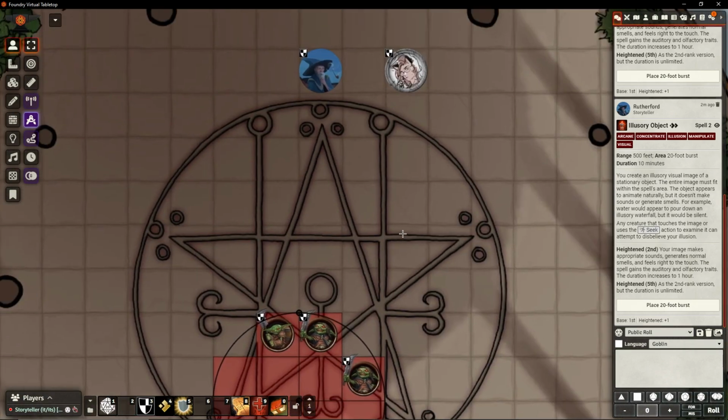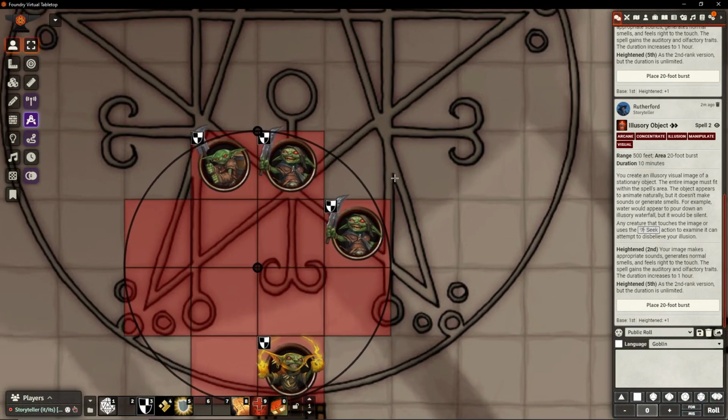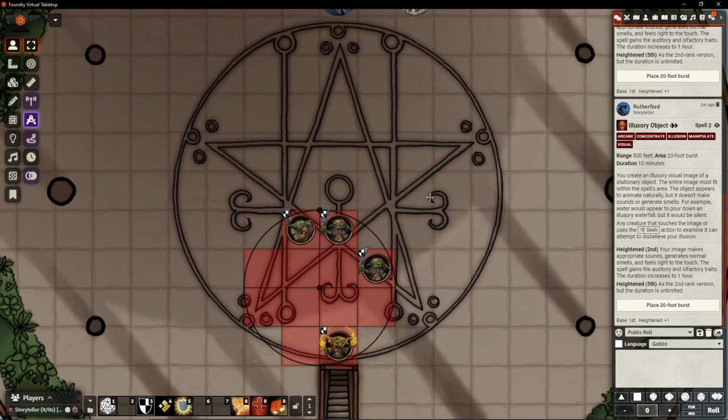However, because they have not, we're left up to the GM's discretion of what "animate naturally" means. In this case, I believe animate naturally means that the object itself will react within itself normally. The example given is that water pours down a waterfall, but it doesn't mean that the image can necessarily update in real time.